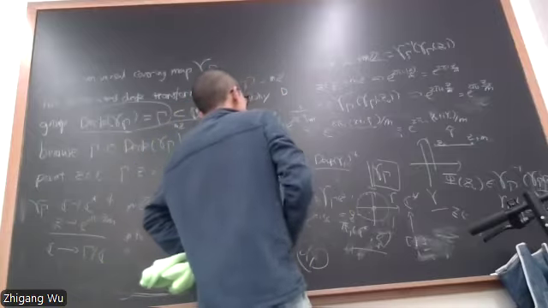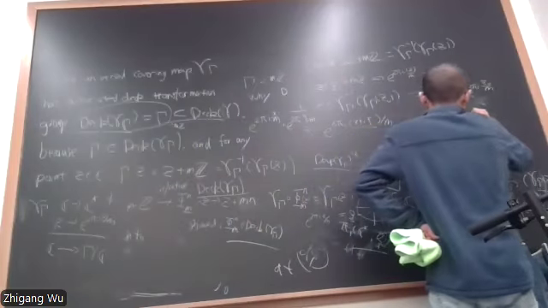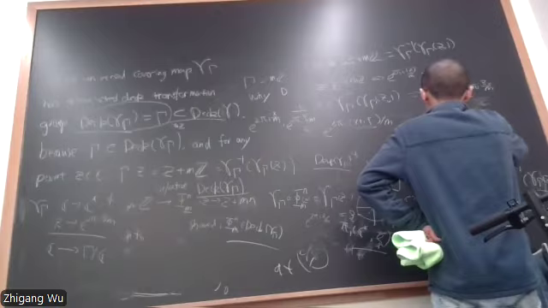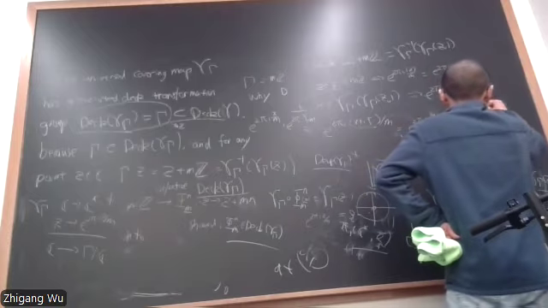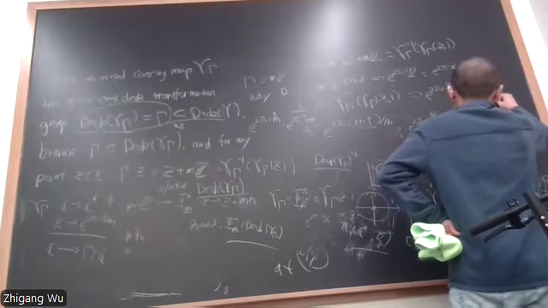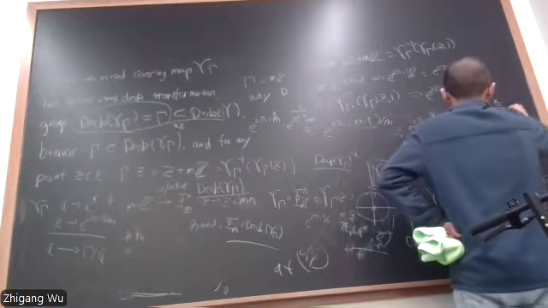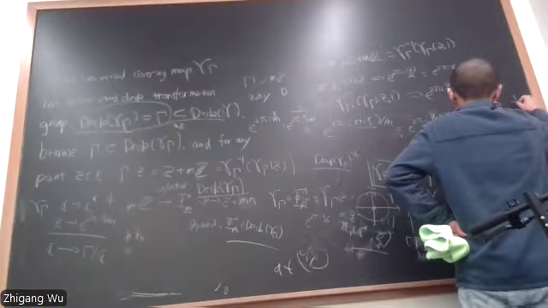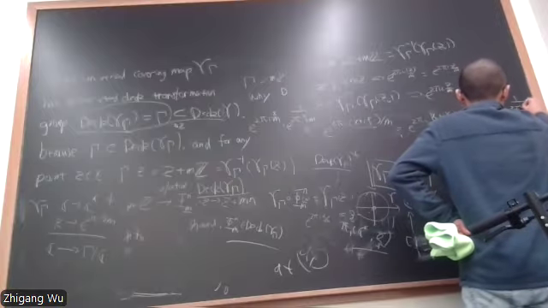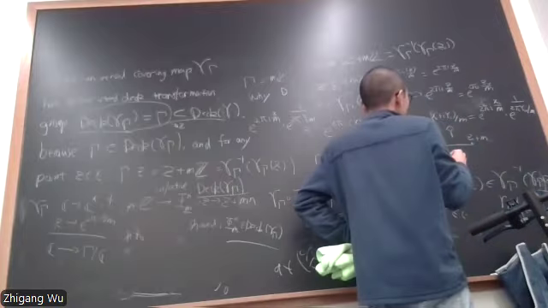And from here, this is just e to the 2 pi i x naught over m, the imaginary part, times 1 over e to the 2 pi y naught over n. This is the real part.